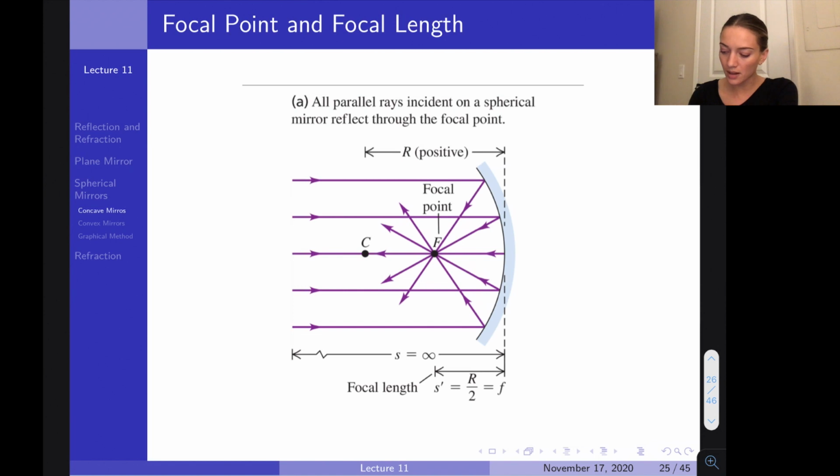And here, more sign convention: our focal length is positive because the focal point is on the same side as the outgoing rays. It's the same convention as the radius of curvature, where we look at the outgoing rays. Both the center of curvature and the focal point are on the same side as the outgoing rays, so both R and our focal length are positive.